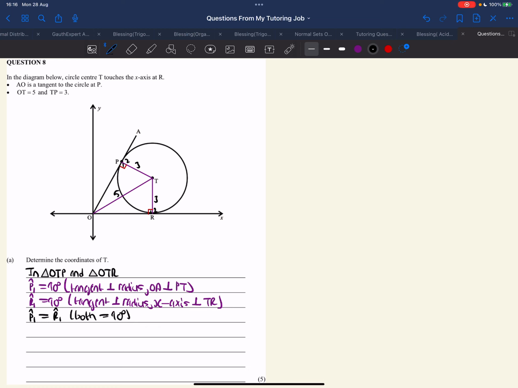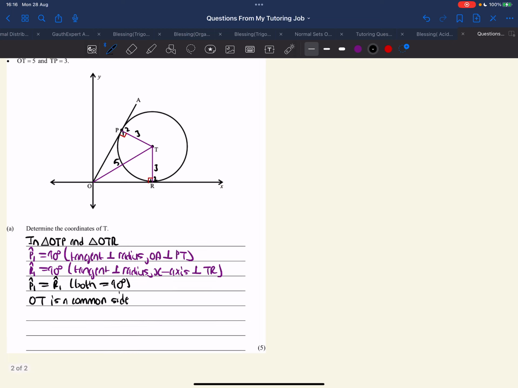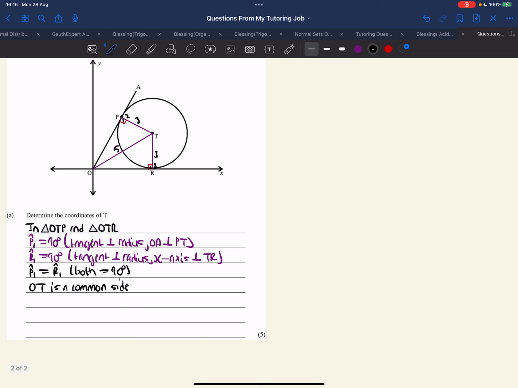All right, and then another thing that I need you to know is that OT is a common side. And then another thing as well is that TP is equal to TR, and the reason for that is radii.